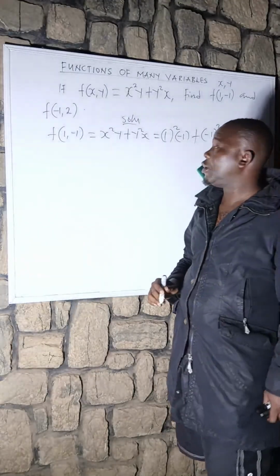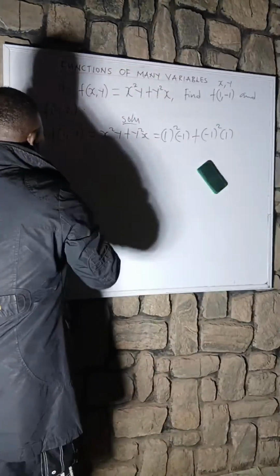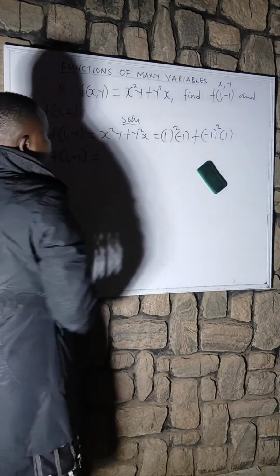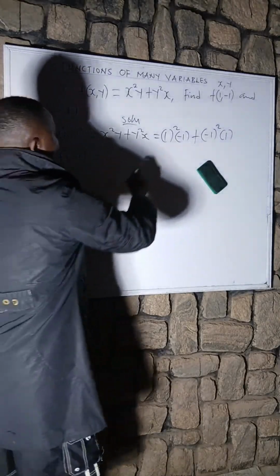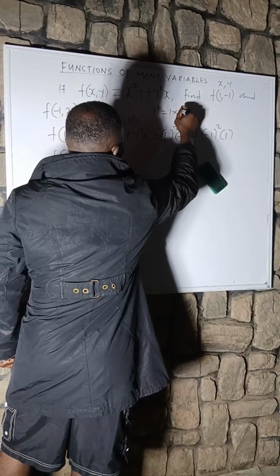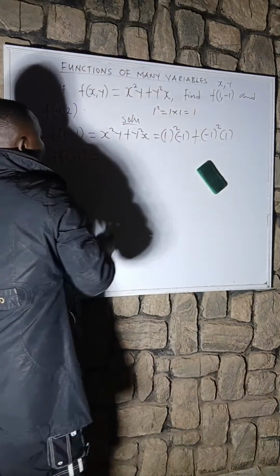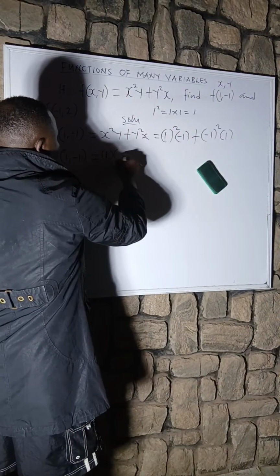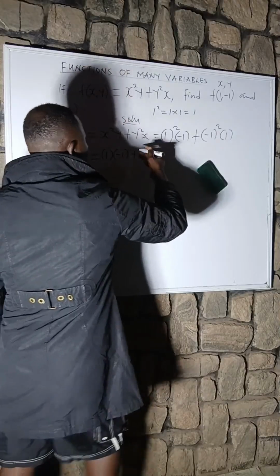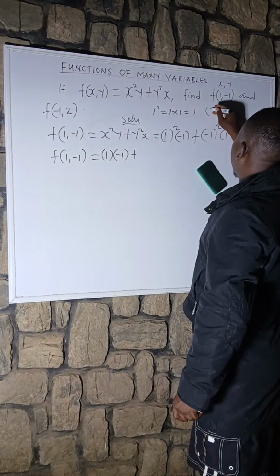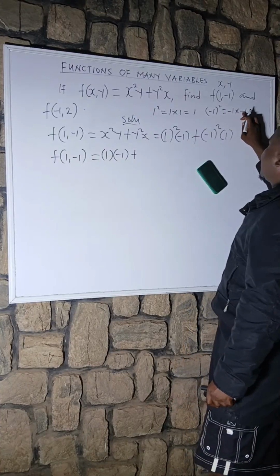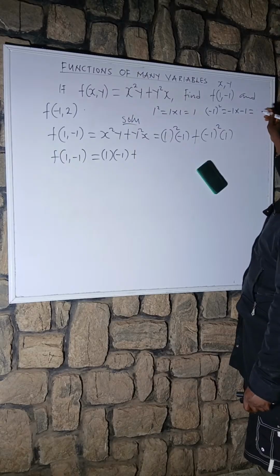Can you see now? So our f of 1 comma minus 1 is now equal to 1 raised to power 2, which is the same as 1 times 1, which is 1. So here will be 1 times minus 1, plus minus 1 all in square, which is minus 1 times minus 1, and minus times minus gives plus, 1 times 1 is 1.